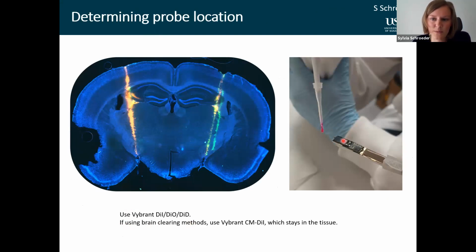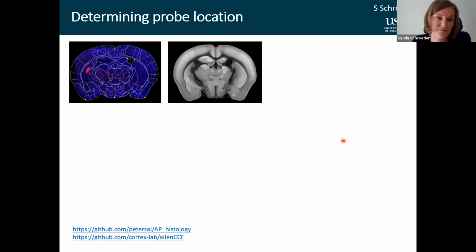You can just apply them onto your probe, and there's a very nice MATLAB program which you can get from these GitHub repositories, with which you can align your brain slices to the Allen Brain Atlas, and then even morph the brain slice to make it consistent with the atlas by using landmark dots that you place on the brain slice and also on the atlas.